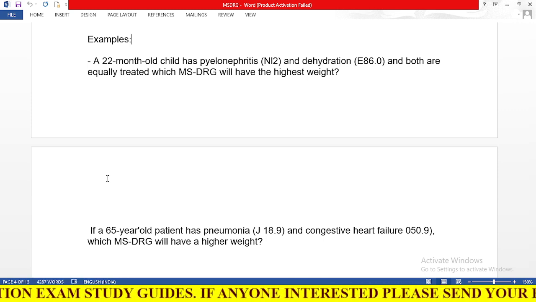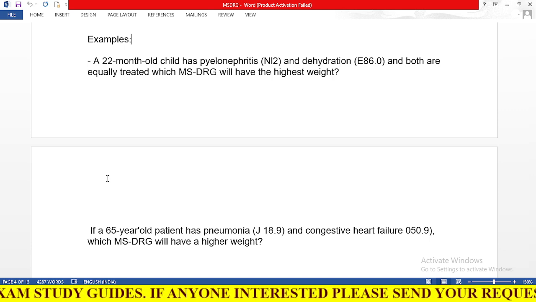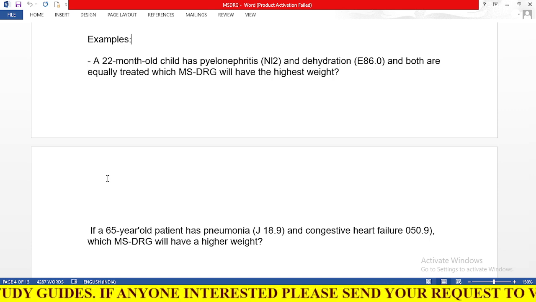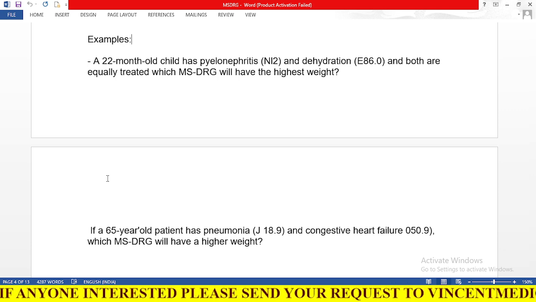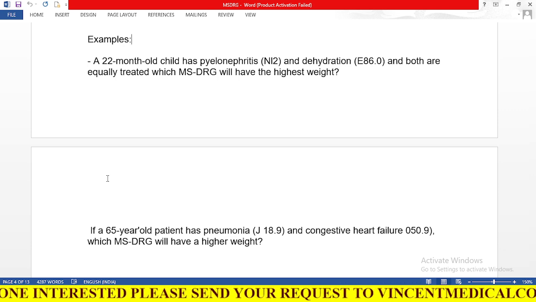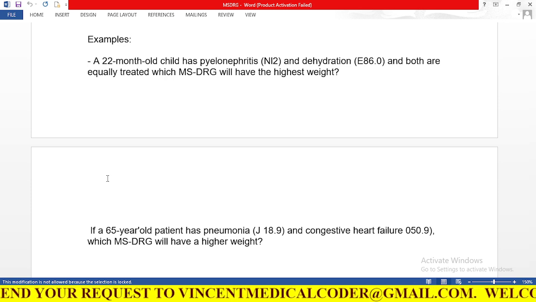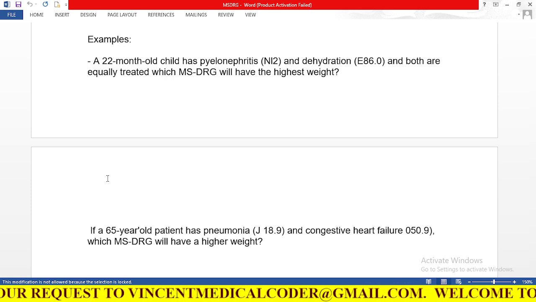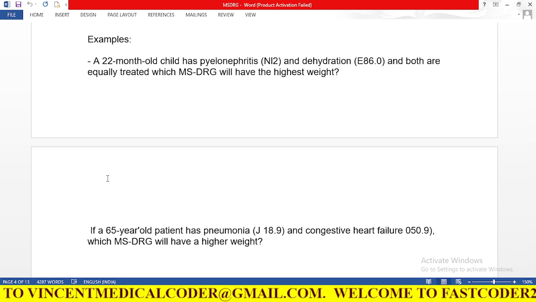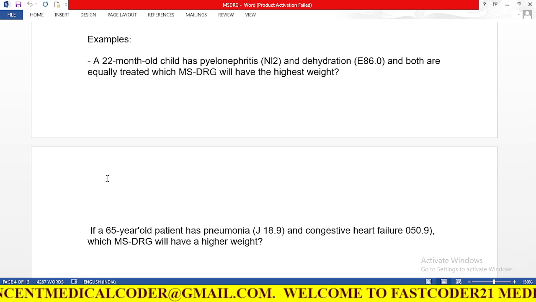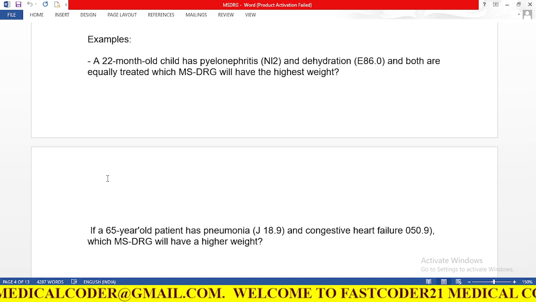So here the patient is a 22-month-old child who has pyelonephritis and dehydration, and both are equally treated. Which MS-DRG will have the highest weight? If we check the conditions, pyelonephritis has a weight of 0.77 and dehydration has a weight of 0.70.